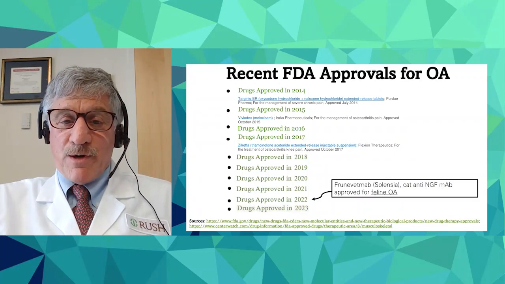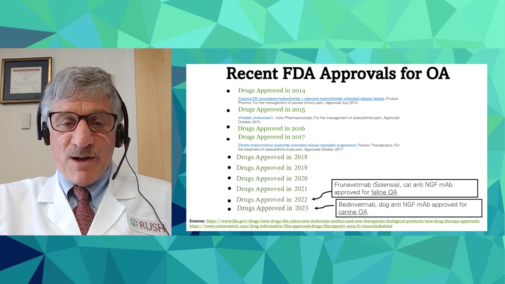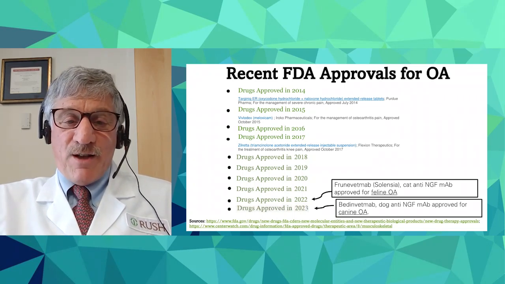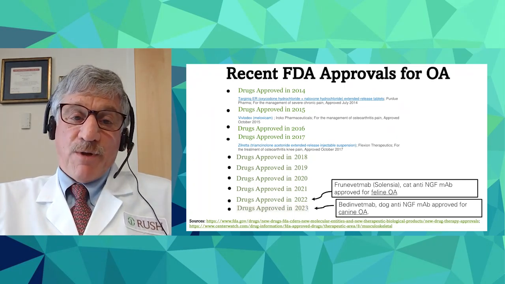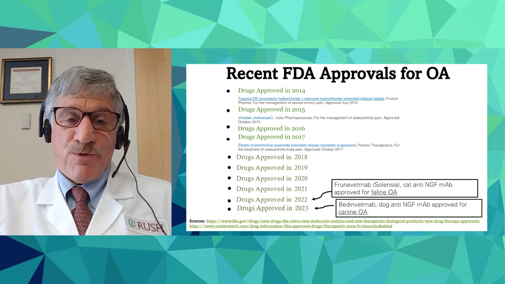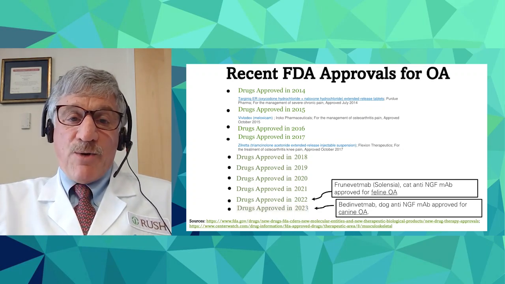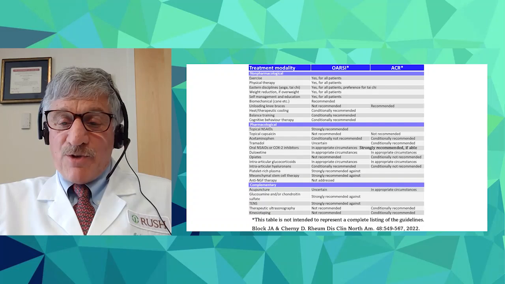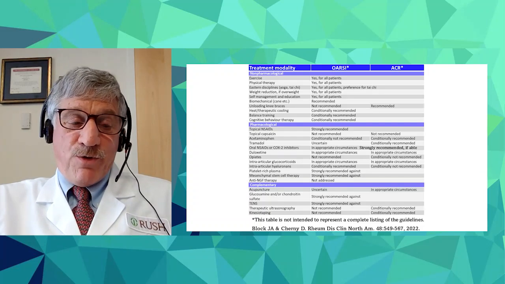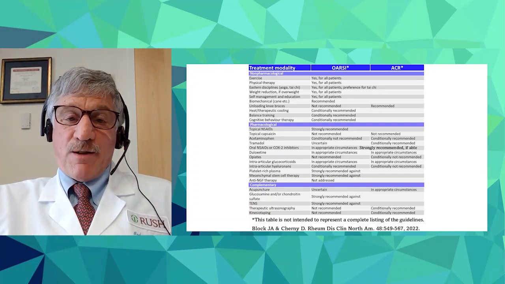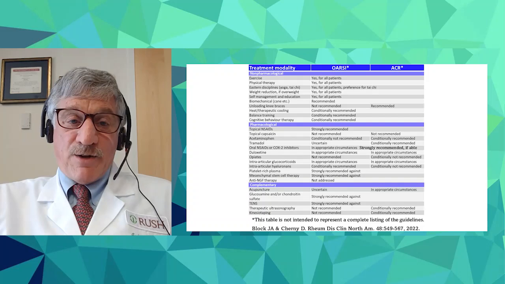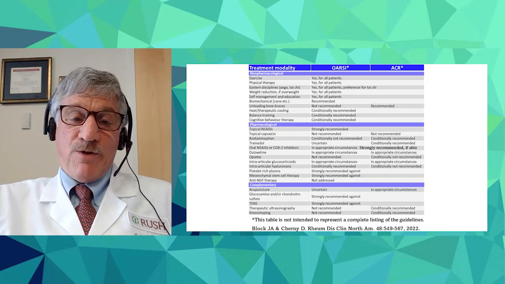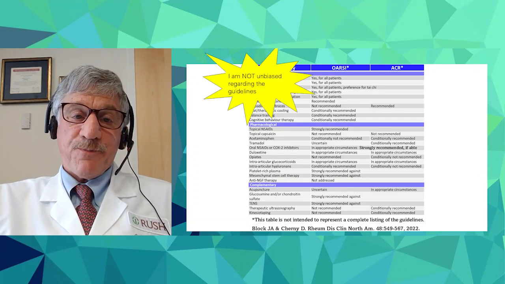Unless, of course, you are a cat or a dog, in which case you could have anti-nerve growth factor. Nonetheless, there were essentially no new drugs at all approved during this interval. However, if you look at the recommendations, you'll find that a great deal of new information has emerged, a great deal of new knowledge as far as how to treat the pain and which way to do it, and that's why there are new guidelines.